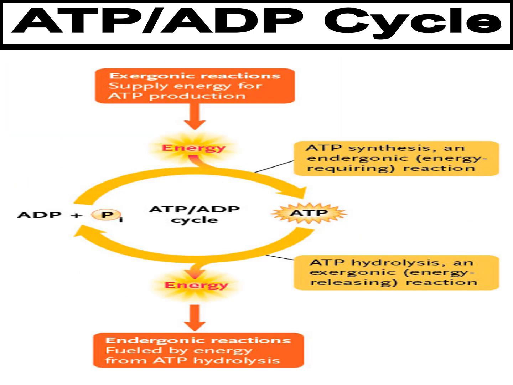The ATP-ADP cycle shown on this slide demonstrates how exergonic reactions produce energy that in later reactions is used to drive endergonic reactions. This figure shows the unique relationship between exergonic reactions and endergonic reactions. It also shows that ATP breakdown and ATP synthesis are necessary aspects of metabolic reactions.